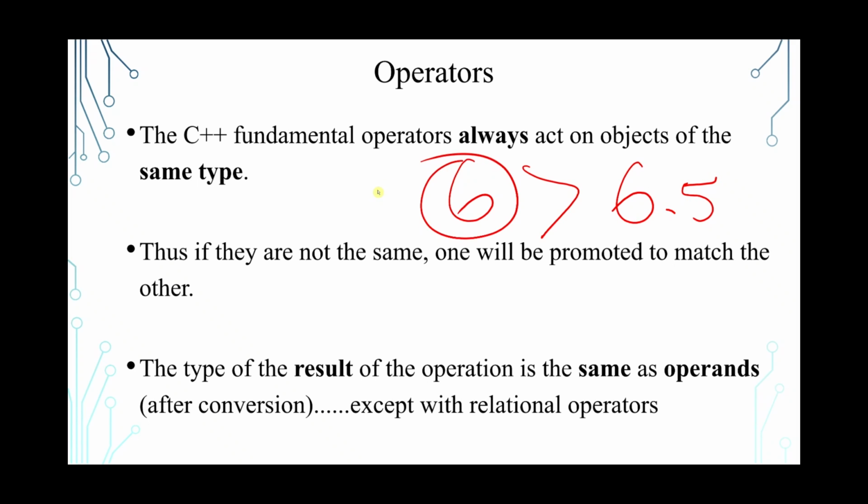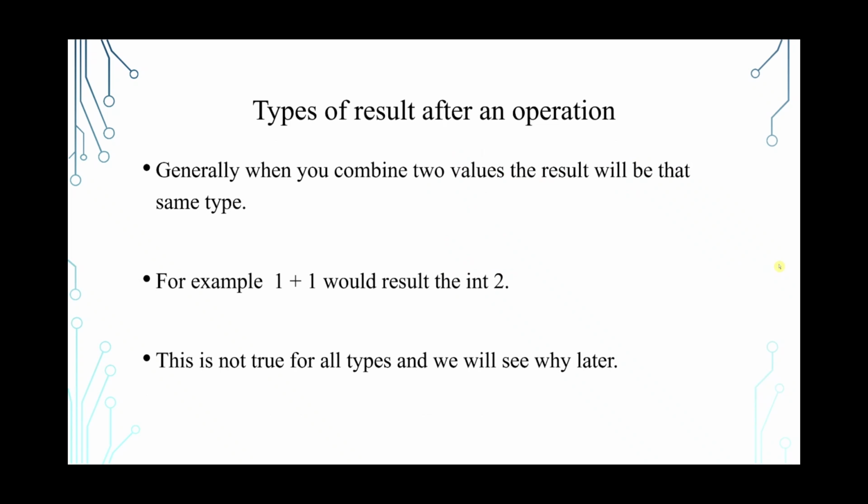So thus, if they are not the same, one will be promoted to match the other, and always we go to the higher precision. So the type of the result of the operation is the same as the operands after conversion, except with relational operators. So we'll see what that means in these two examples.